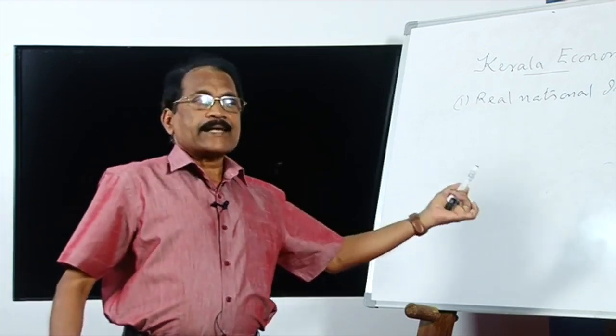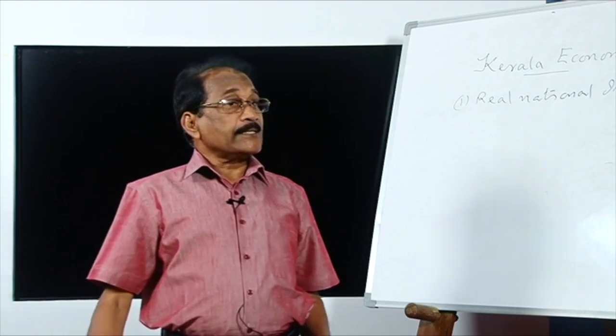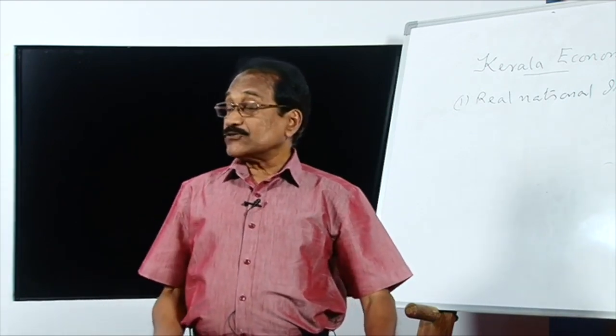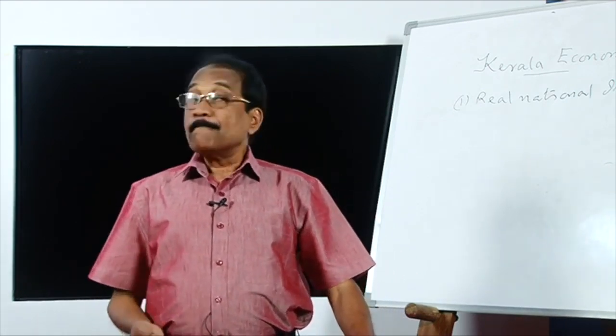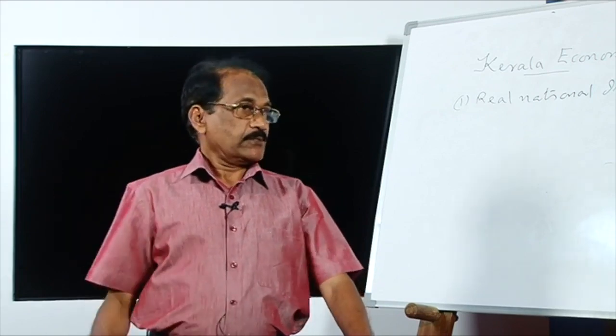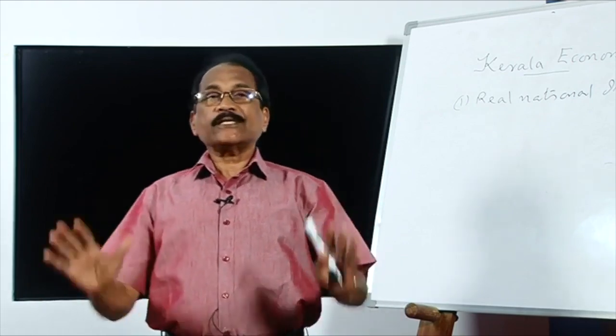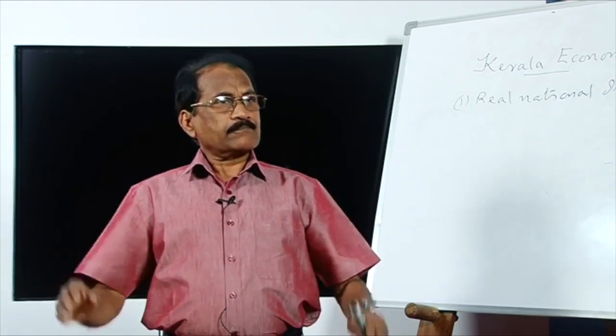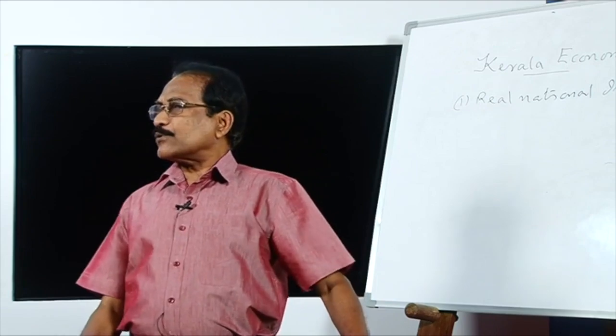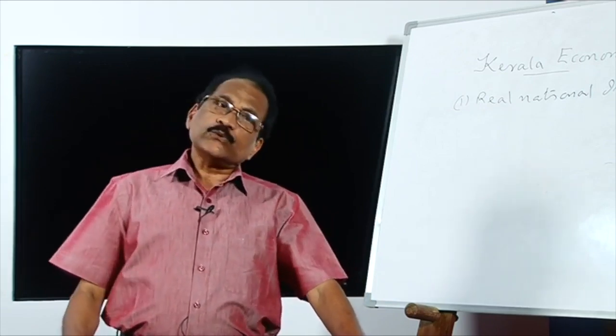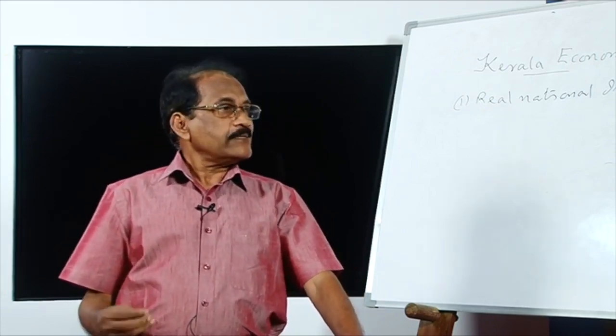We know what is real national income. What is real national income? When the national income is evaluated at base price, or when the national income is evaluated at constant price. Take a base year. We know our base year in calculation of national income is 2011-12.